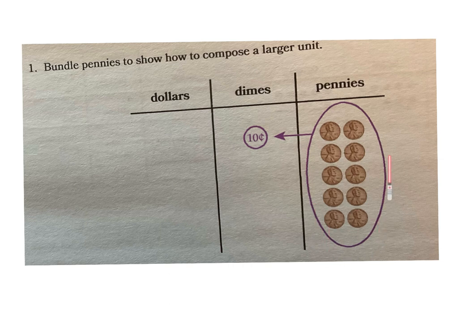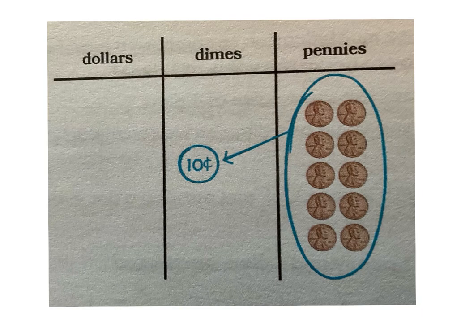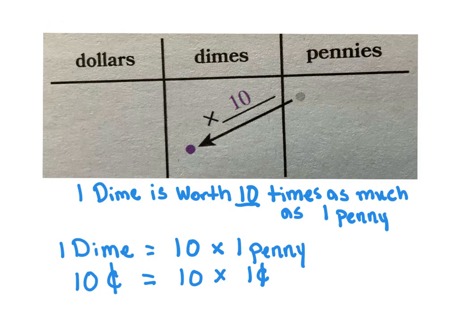If we bundle these pennies up, we could move over in our place value chart and get a larger value of just 10 cents. 10 pennies to make 1 dime is similar to composing 10 ones to make 1 ten. 1 dime is worth 10 times as much as 1 penny. So 1 dime is equal to 10 times 1 penny. 10 cents is equal to 10 times 1 cent.